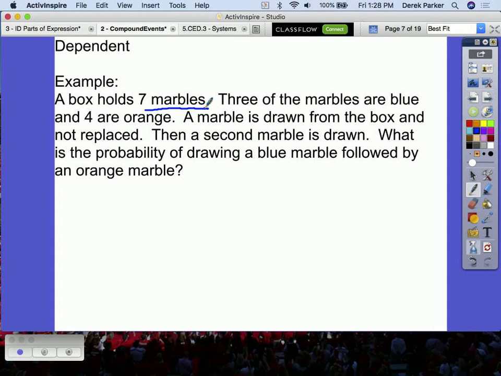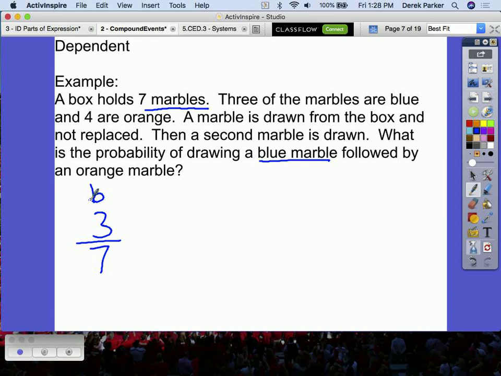So, let's break this apart. Blue marble. Okay, it holds 7, so our denominator is 7. There are 3 blue. So our probability for blue is 3 out of 7. Followed by an orange marble.